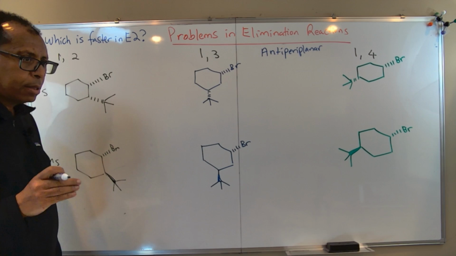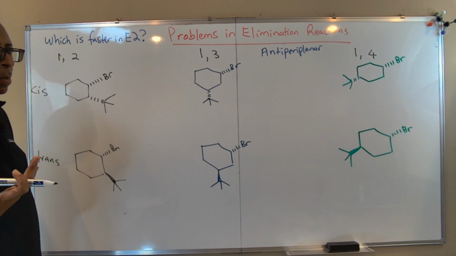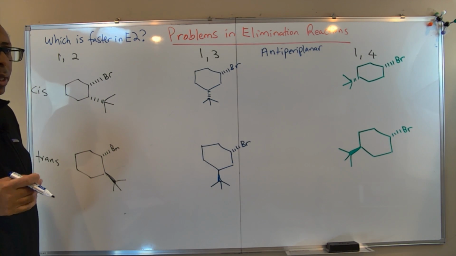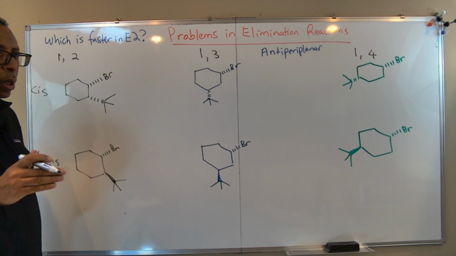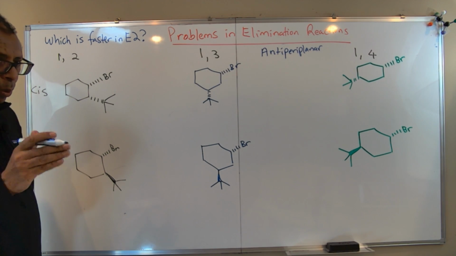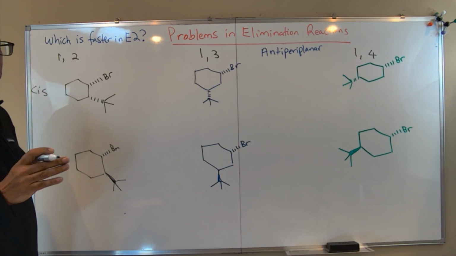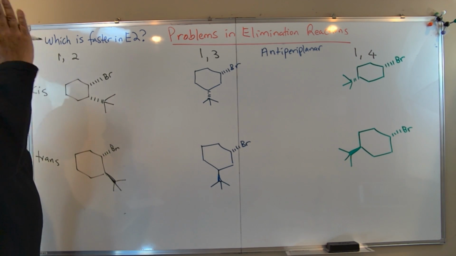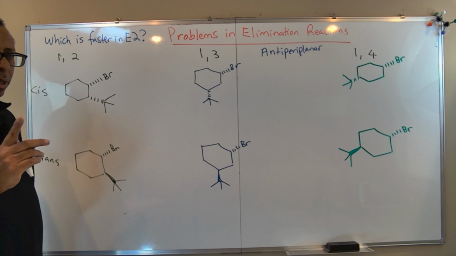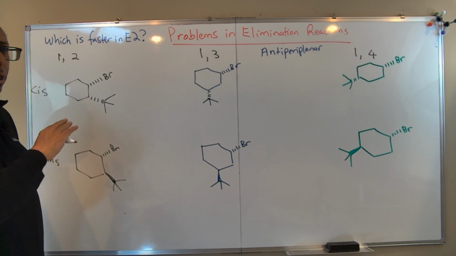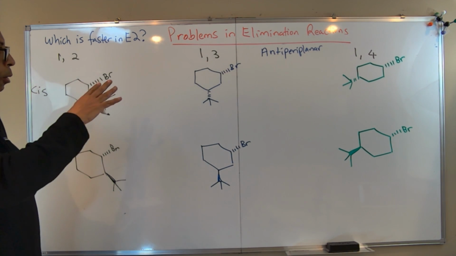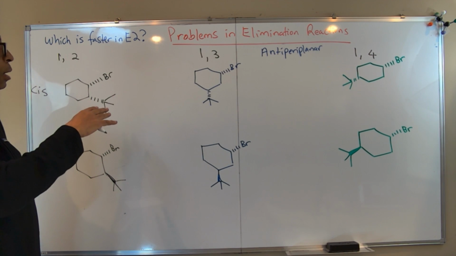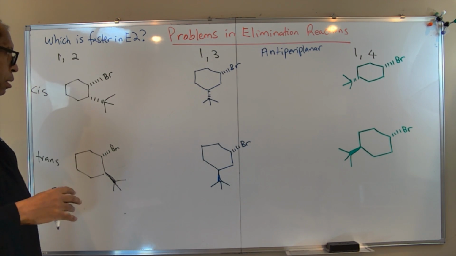One important fact from cyclohexane chemistry we learned: a T-butyl always has to be in the equatorial position in the chair form. You cannot put a T-butyl in the axial position. That compound cannot persist for a long time.